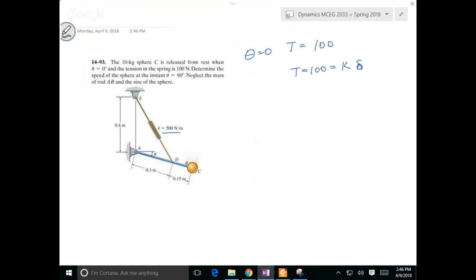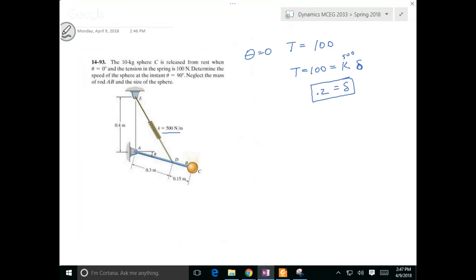But K is 500. So delta is equal to what? What is that, 0.2? Is that 0.2? So it's been stretched to 0.2.